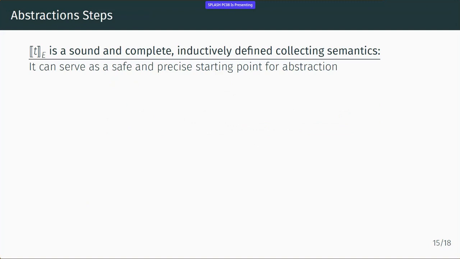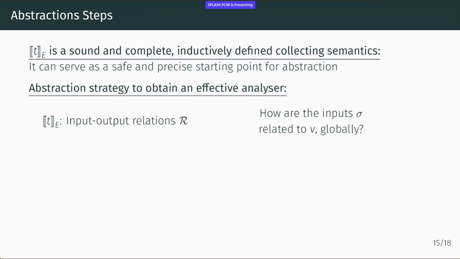It is still complete, so it means that we have not lost any information yet. And since it is inductively defined, it will lead to a program analysis that is also inductively defined, which is very nice. Okay, so this denotation tells you how globally all the inputs of your program are related to the outputs.